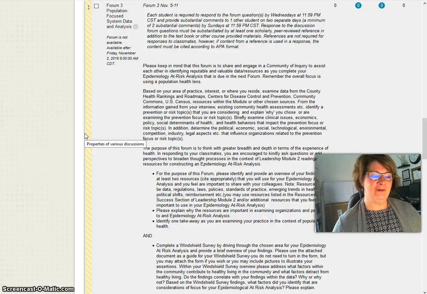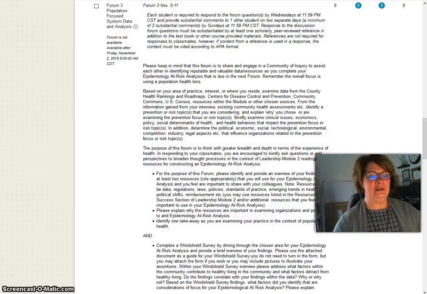Okay, for forum number 3, we're really going to take a look at that data that's out there, and we're going to look at some of the resources that you may be familiar with. The County Health Rankings and Roadmaps, Centers for Disease Control and Prevention, Community Commons, the U.S. Census.